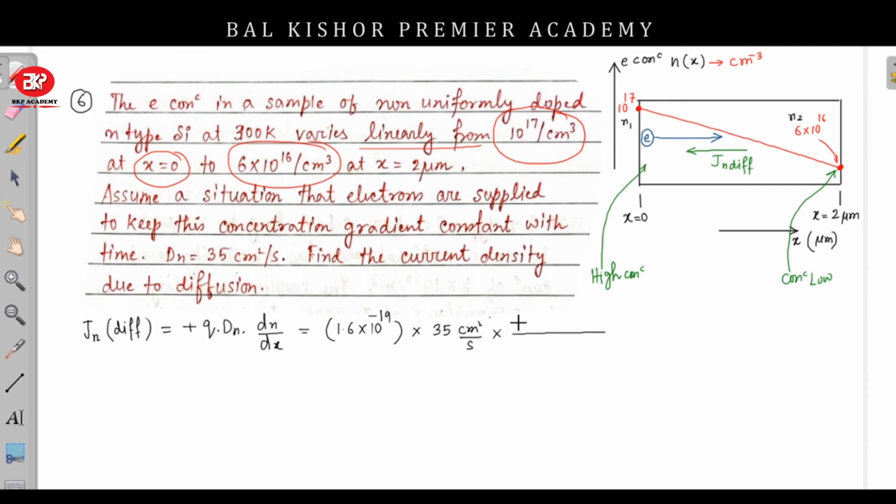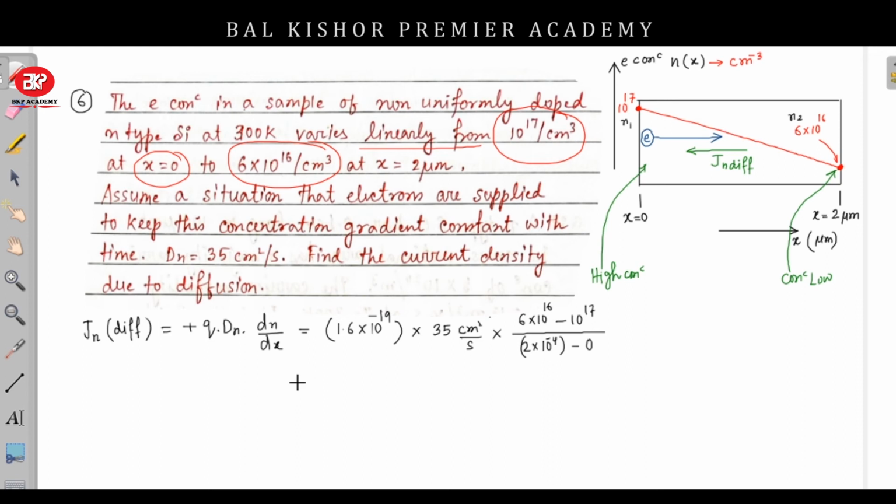So n2 is 6 into 10 to the power 16 minus n1, which is 10 to the power 17, and the x2 value is 2 micrometer, so 2 into 10 to the power minus 4 because we have to convert it into centimeter, minus 0. From this equation we can calculate the Jn diffusion.